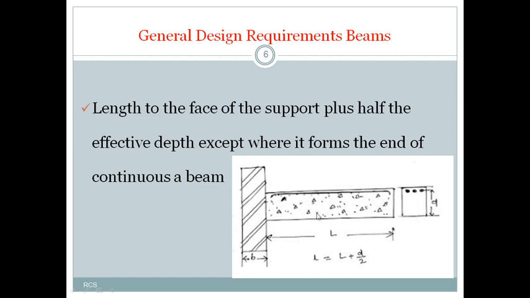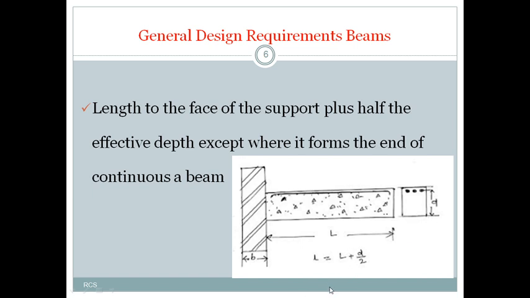The meaning of this statement is the length of the beam from the face of the support, plus half of the effective depth. This is the effective depth of the cantilever beam, measured from the center of the reinforcement to the bottom fiber of the compression zone.